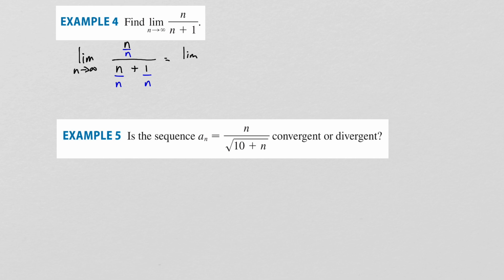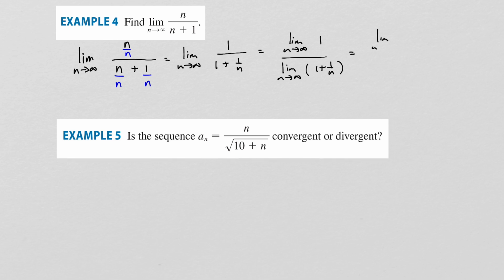Then this gives us the limit as n goes to infinity of 1 divided by 1 plus 1 over n. Using limit laws, we can now take the limit as n goes to infinity of the numerator divided by the limit as n goes to infinity of the denominator.